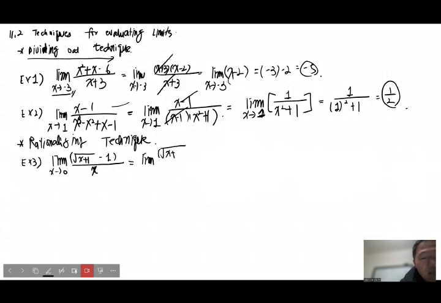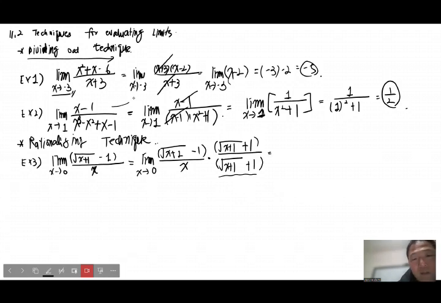So the limit of square root of x plus 1 minus 1 over x, times square root of x plus 1 plus 1 in the numerator, and the same term multiplied into the denominator. We want to find the value of this modified function as x goes to 0.